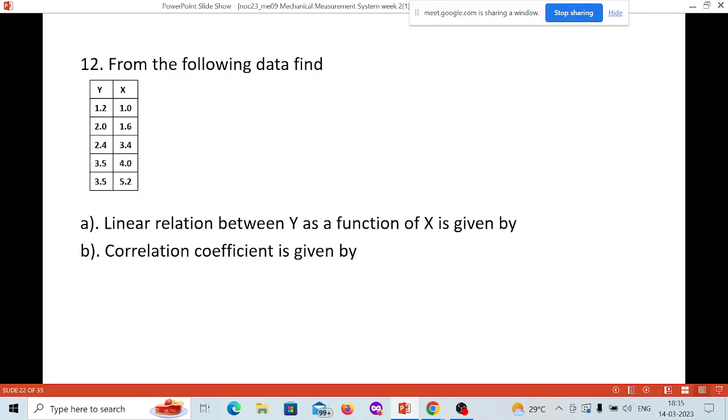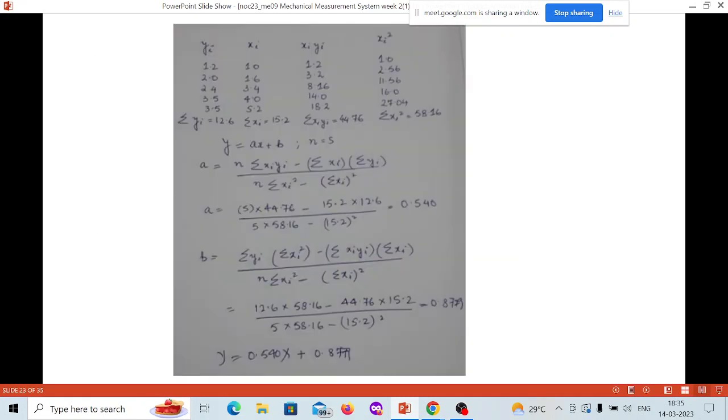So you have data y and x. You have to find a relation between y and x, and also see how good the relation is with the data. That is calculated by the correlation coefficient. As you see, yi is 1.2, 2, 2.4, 3.5, 3.5 and xi is 1, 1.6, 3.4, 4 and 5.2 as per the data.